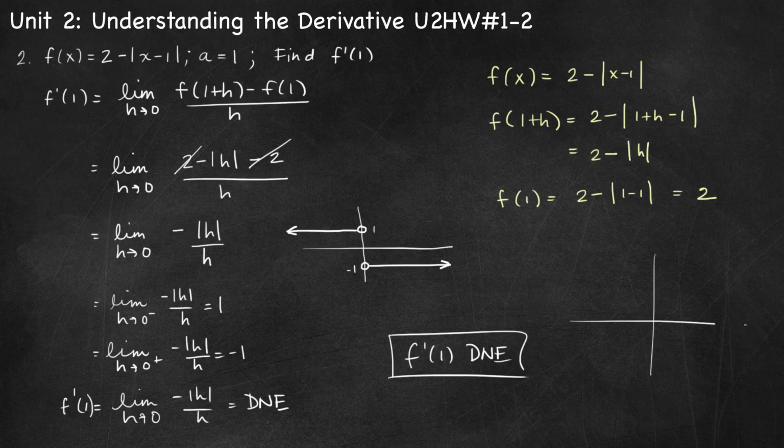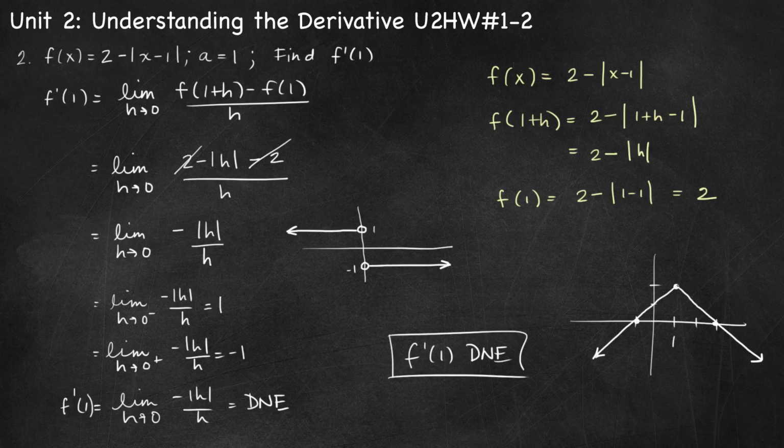If we graph our original function, 2 minus absolute value of x minus 1, our graph looks like this, and we were trying to find the derivative at 1.